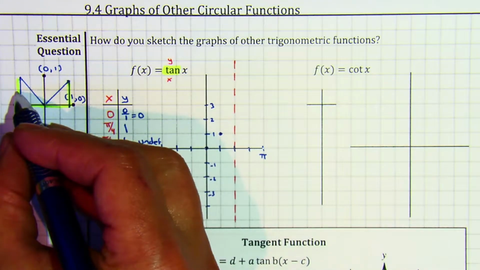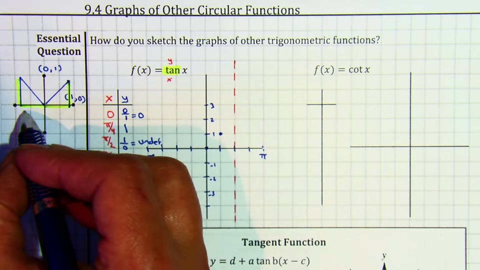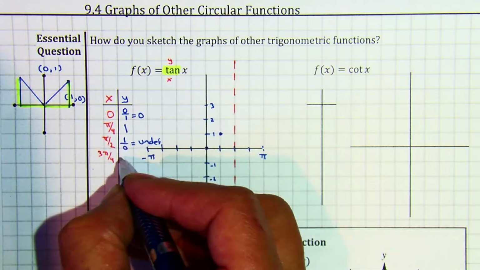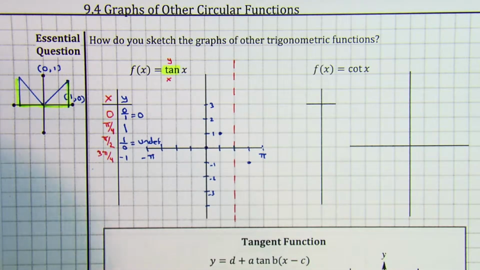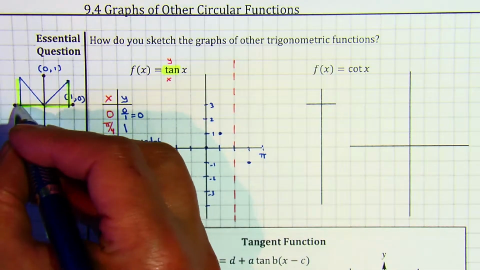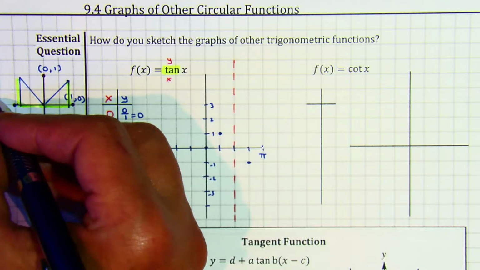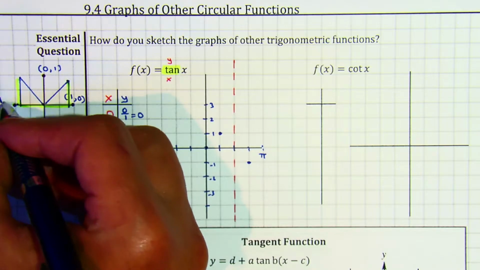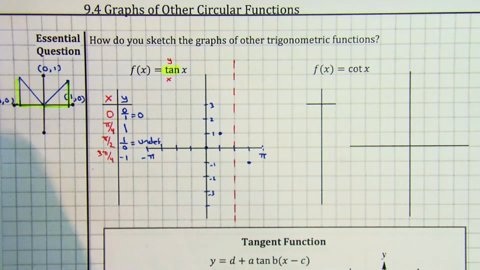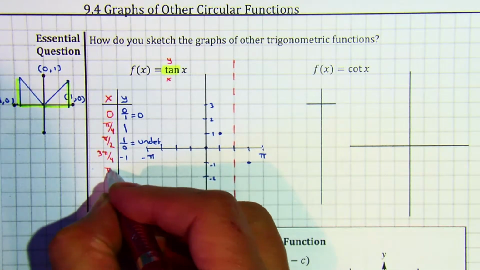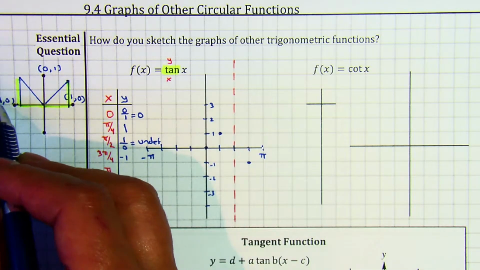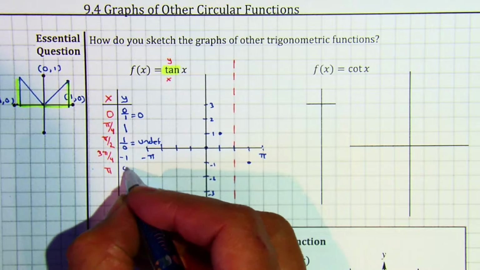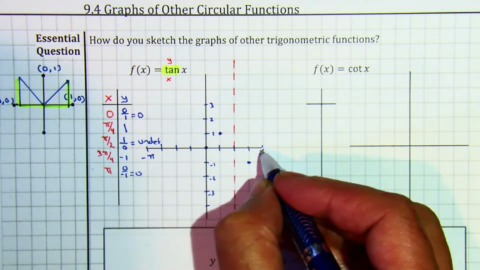The y is square root of 2 over 2, and the x is negative square root of 2 over 2, which is negative 1. And if we continue to pi, which is at negative 1, 0, that will be 0 over negative 1, y over x, which is 0.